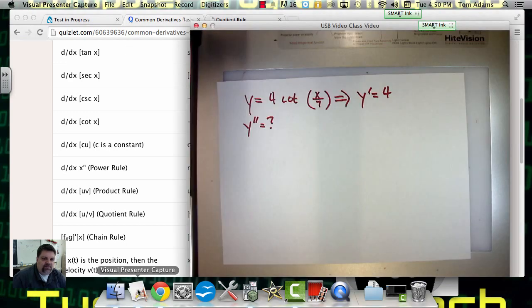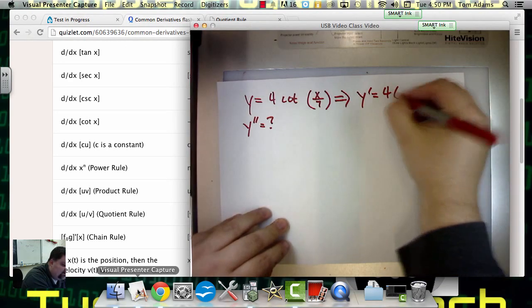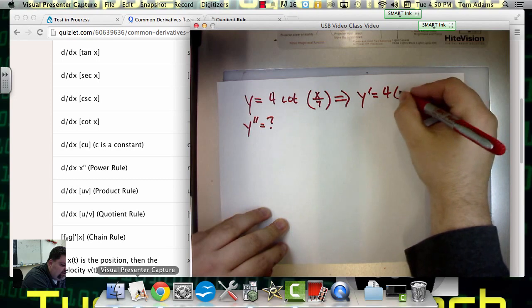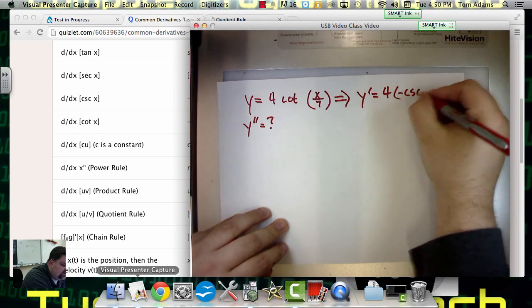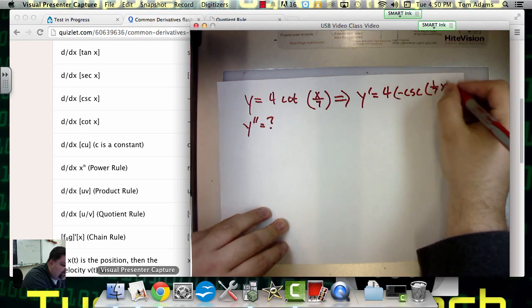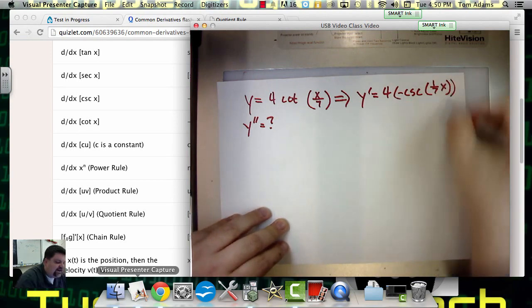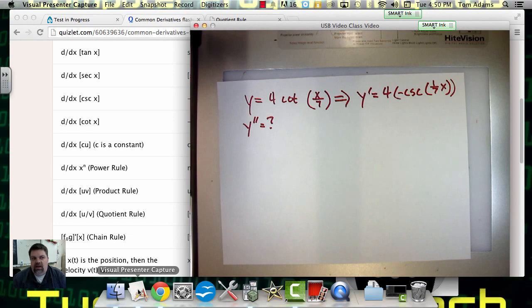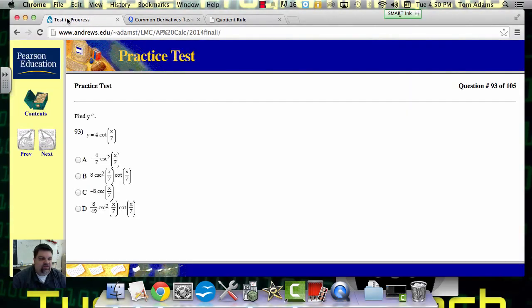So what I'm going to do is say negative cosecant of the stuff, which is really 1 over 7 times x, and I'm going to tack that on there. Now, I could toss the minus sign to the front.